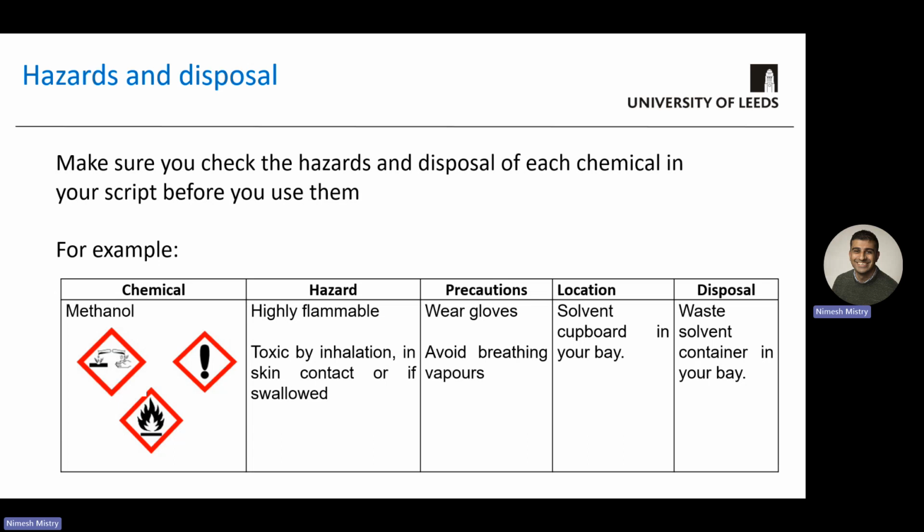But do make sure that you look back to the hazard section in your experiment scripts, and you check what the hazards are, what precautions you should be taking, and how to dispose of them safely before you are about to use them. All that information is there in your scripts, so don't be afraid to go back and look at your hazard section before moving on to using them.